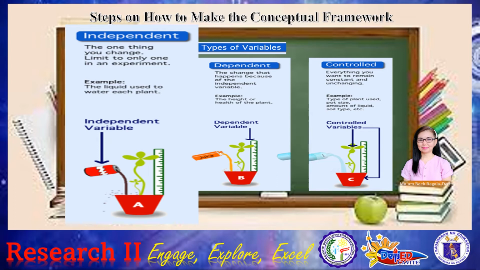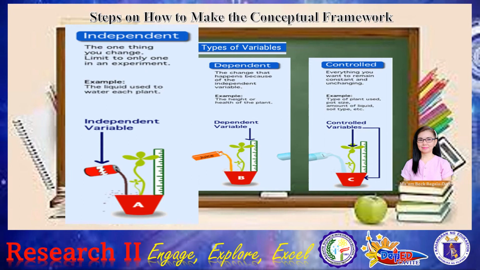Ayan. So, the example, the independent variable is the liquid. So, pwede siguro itong A na to, soft drinks. Ayan. So, ibig sabihin, pag sinabing independent variable, sila yung iti-test ninyo kung ano yung magiging epekto nila doon sa subject na ginagamit. Okay, so that is the independent variable.